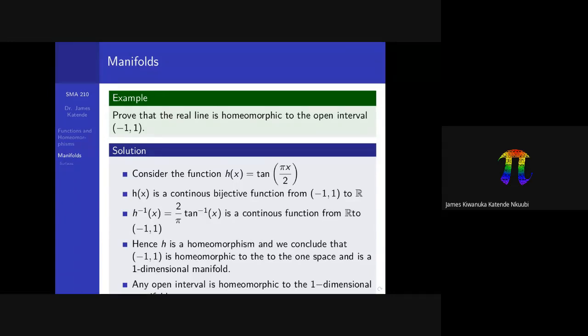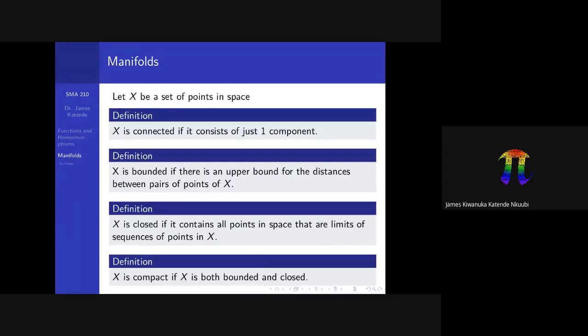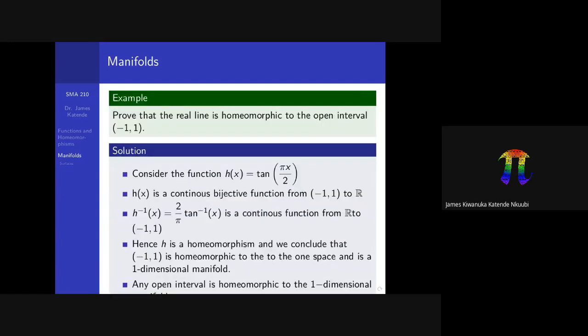Now we want to make a connection between homeomorphisms and these four properties that we listed here: the connectedness, boundedness, being closed, and being compact. So what is the connection between homeomorphisms and these properties? So we make the following observations.